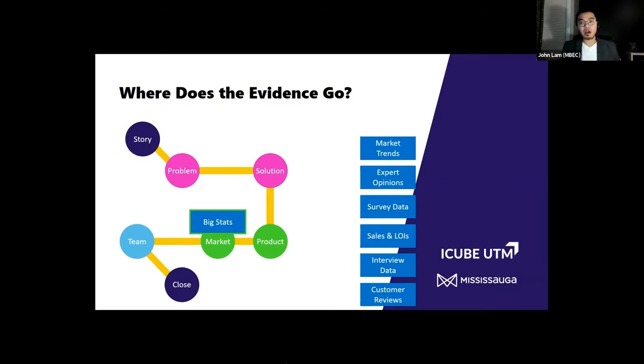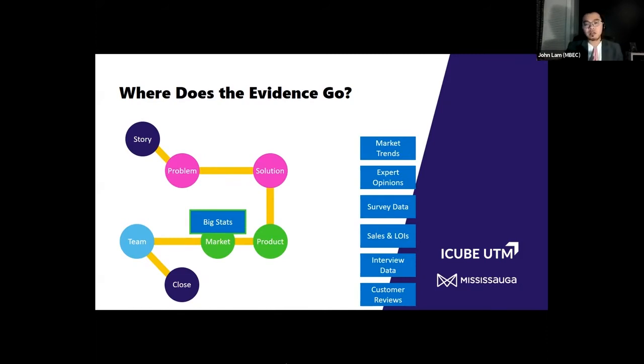But big stats, we're talking about things like, oh, the global market is $50 billion, or there are 1 million people in Mississauga alone who face, is the Mississauga population even 1 million? I don't know, I'm making stuff up, right? But these big stats tell us that there are people out there. There is something happening out there, right?